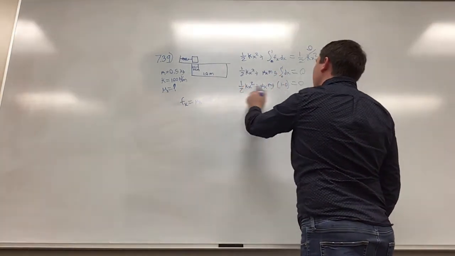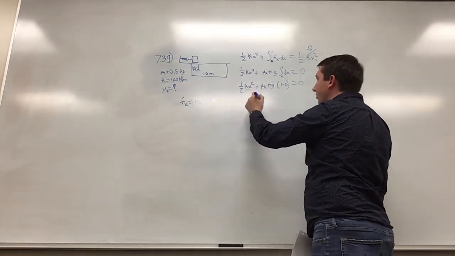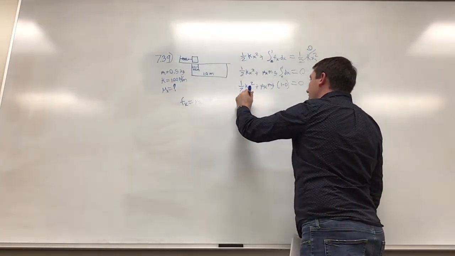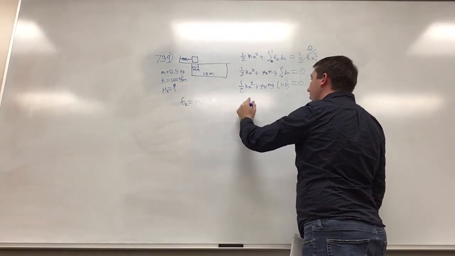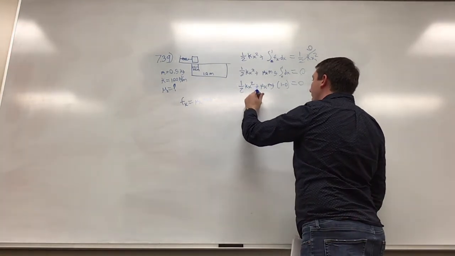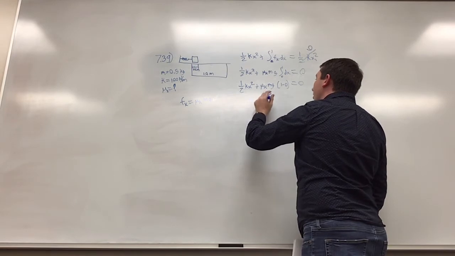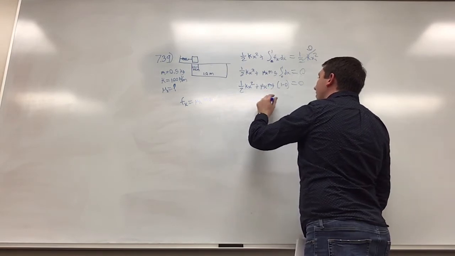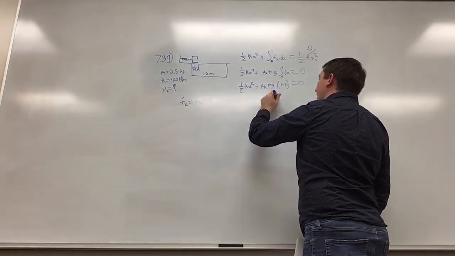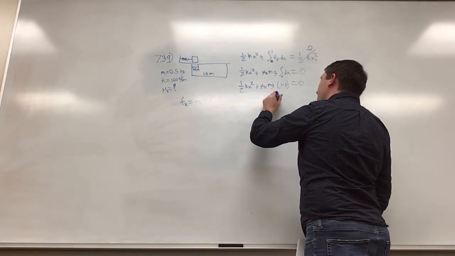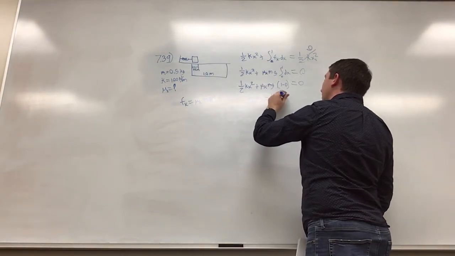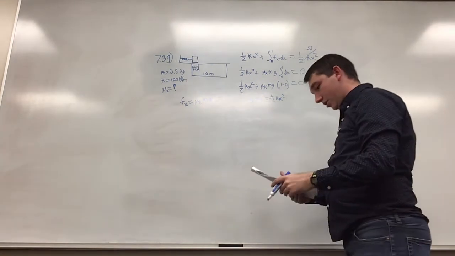So then we can start to solve for the coefficient of kinetic friction. Coefficient of kinetic friction times mass times gravity is going to be equal to minus 1/2 spring constant times distance compressed squared.